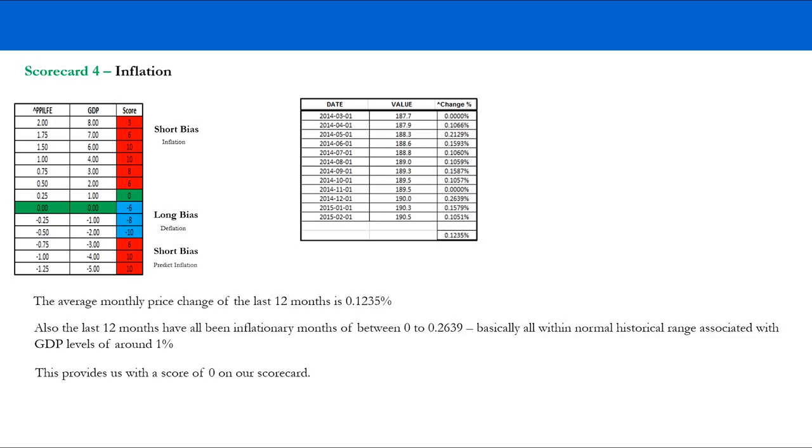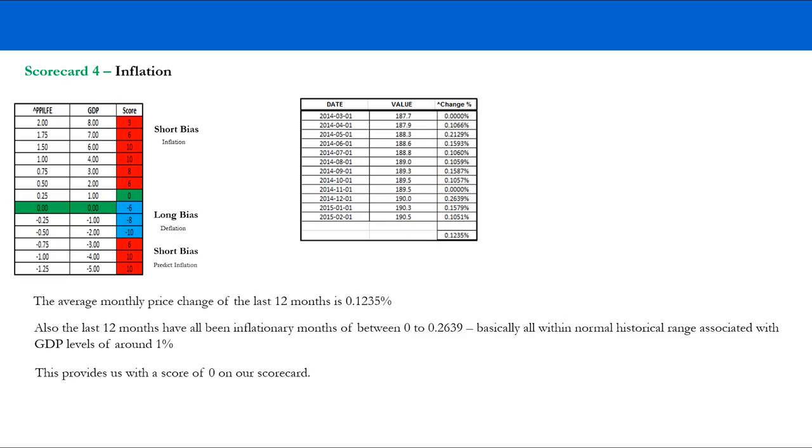If we look on our scale here, that's between 0 and 0.25. Depending on how conservative or aggressive you want to be, you can score this 0 or somewhere between 0 and -6. If we're being conservative, we'll probably score a 0 for this indicator, this driver.